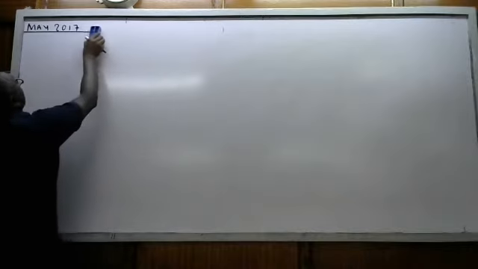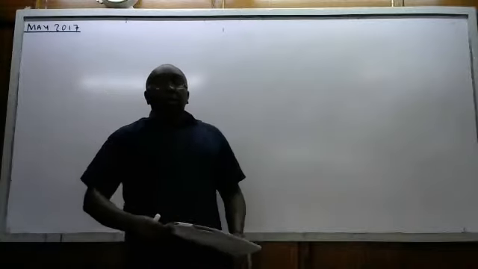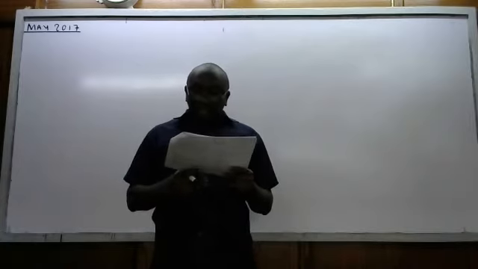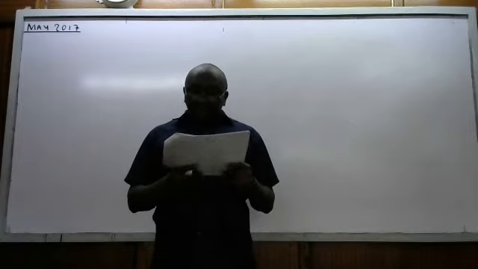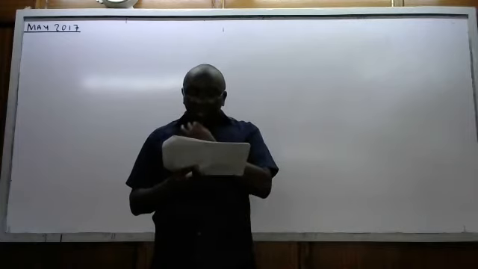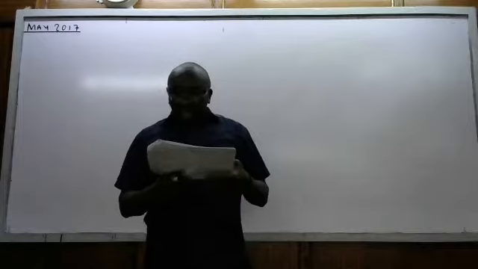So we are now in the paper of May 2017. And in the paper of May 2017, we got to question 1C that says the average revenue and marginal cost functions of a certain company are given, and we are told to get the profit function.